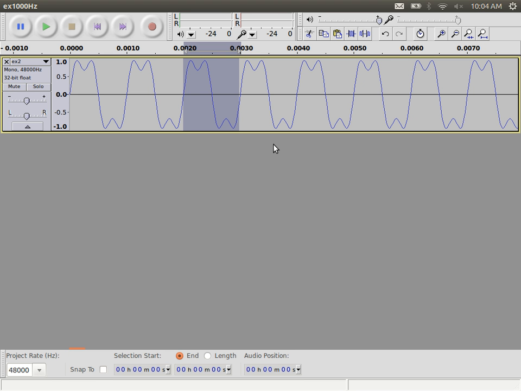Same shaped signal, increasing the bandwidth from 2,000 to 4,000 increased our data rate. We've doubled the bandwidth from A to B, and as a result, doubled the data rate. So we're seeing the relationship between frequency, bandwidth, and data rate.